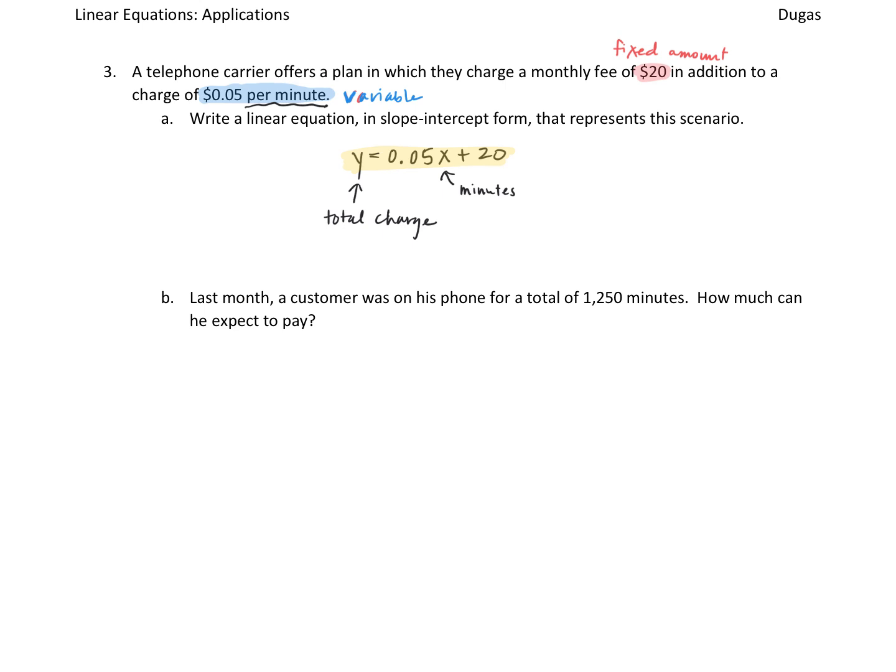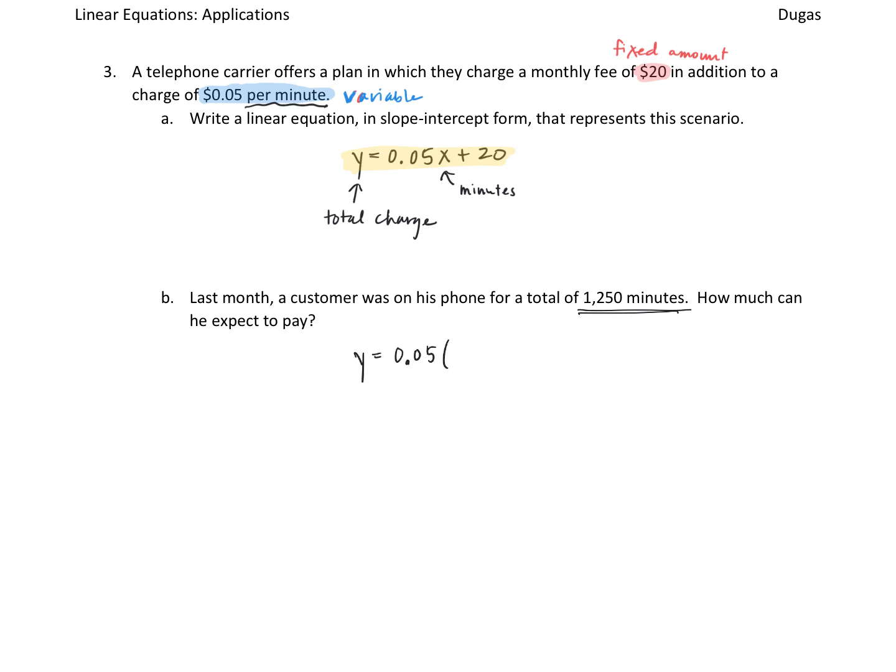All right, part B. Last month, a customer was on his phone for a total of 1,250 minutes. How much can he expect to pay? So now your goal is to figure out, well, where do I plug in the 1,250? Since the 1,250 is minutes, that goes into the X, right? X stands for minutes. So we will plug that in.